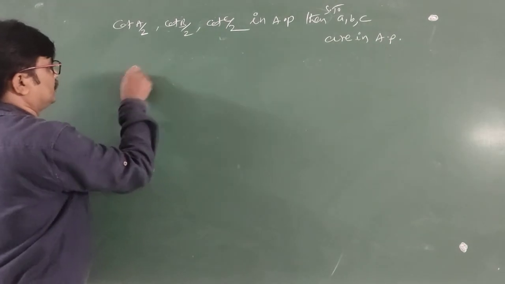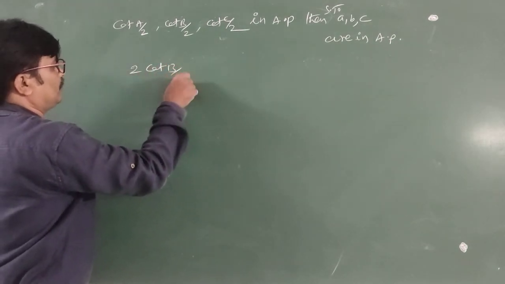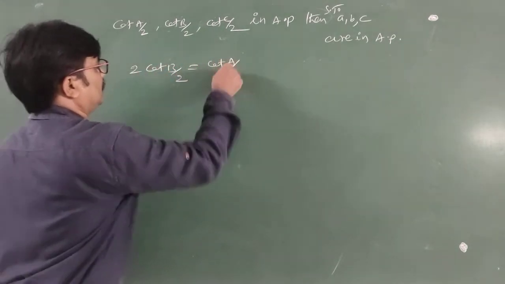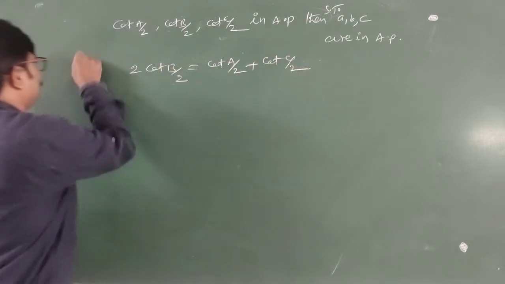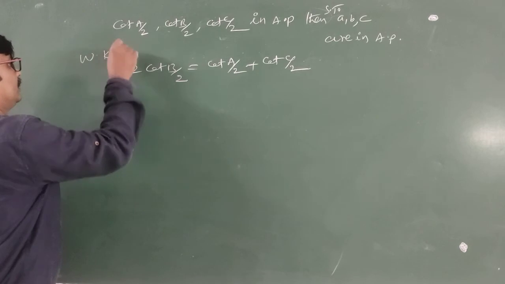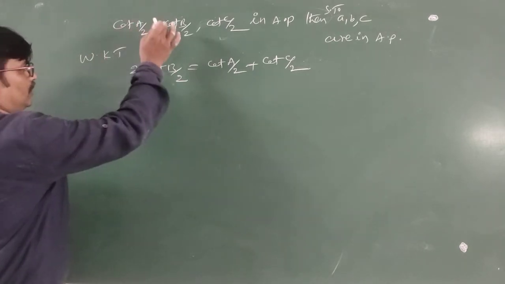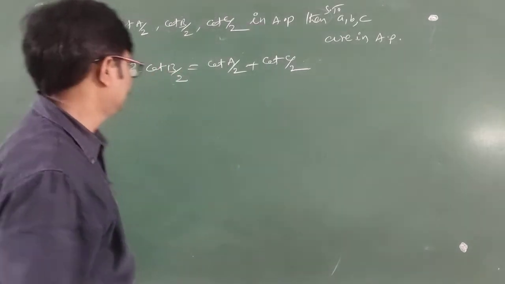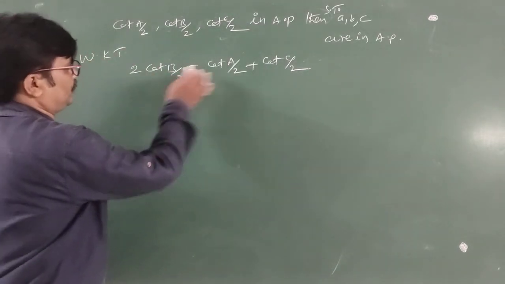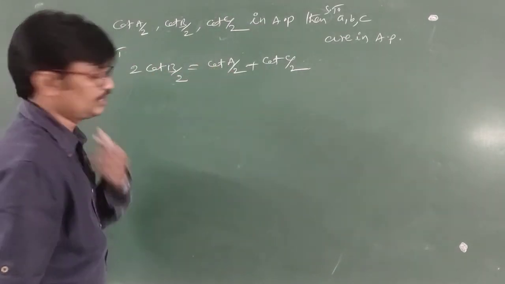We know that 2 into cot B by 2 equals cot A by 2 plus cot C by 2. If cot A by 2, cot B by 2, cot C by 2 are in AP, then 2 cot B by 2 equals cot A by 2 plus cot C by 2.